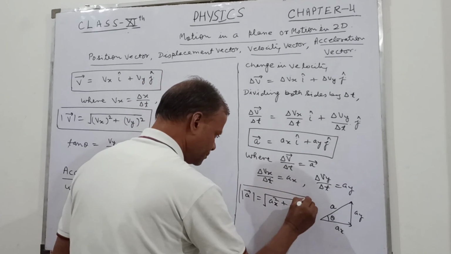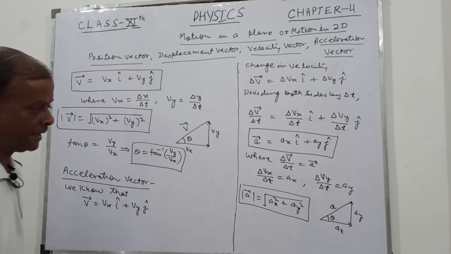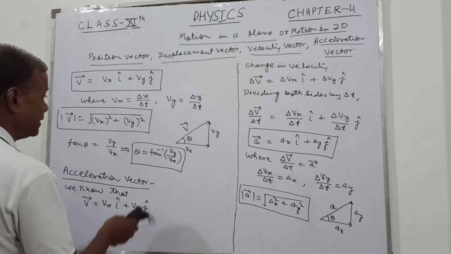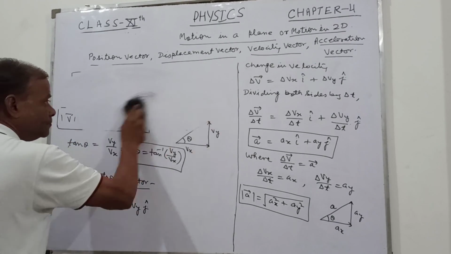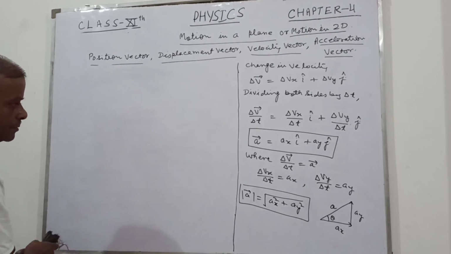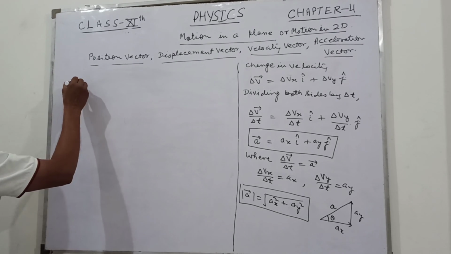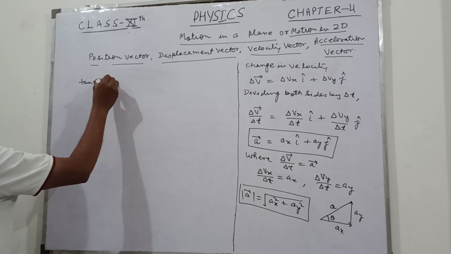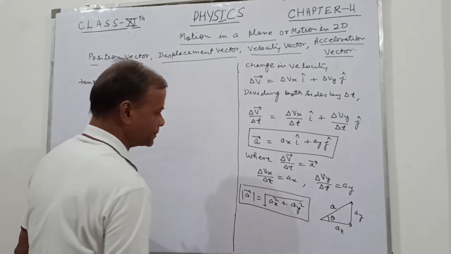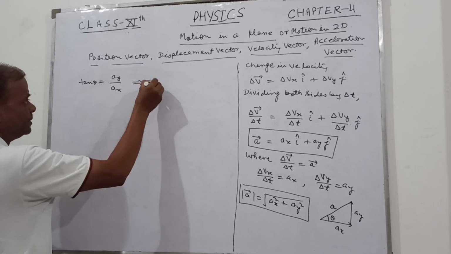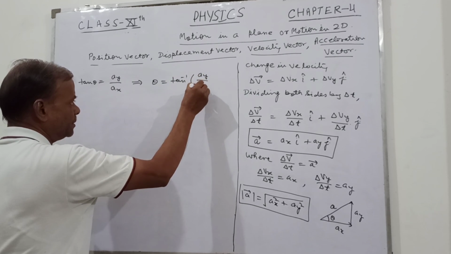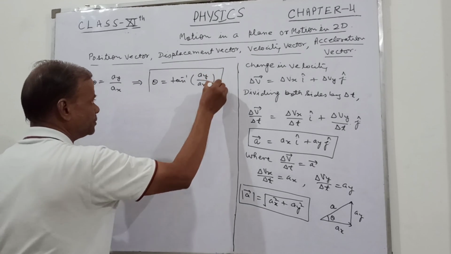And then you can find its direction. Tan theta is equal to ay upon ax, so theta is equal to tan inverse of ay upon ax.